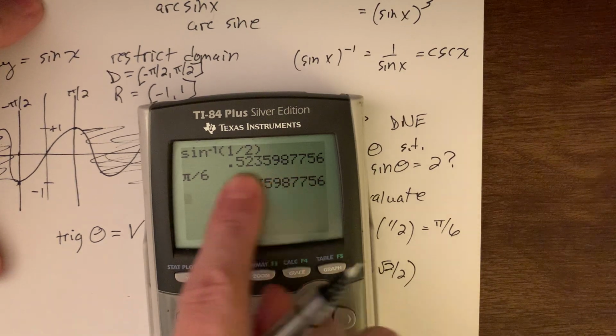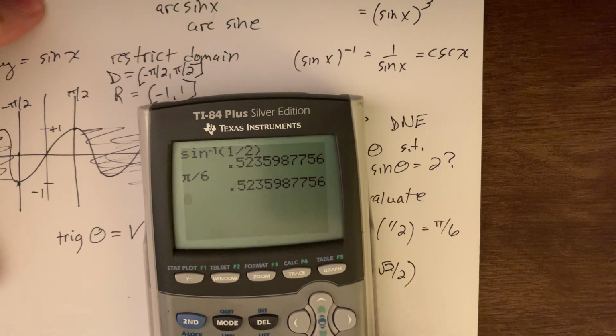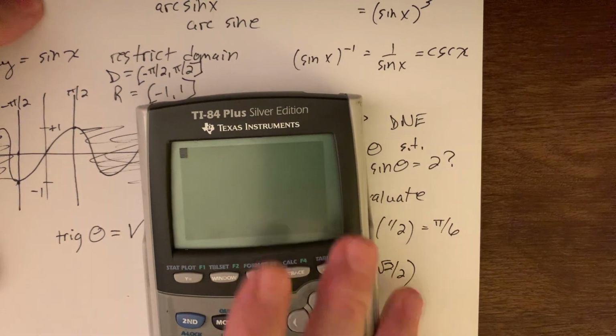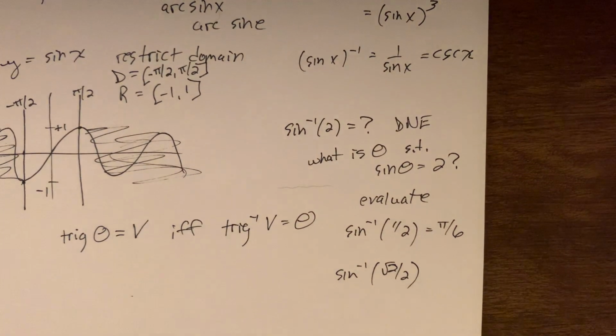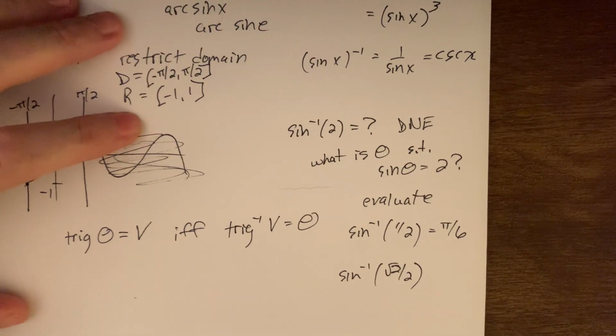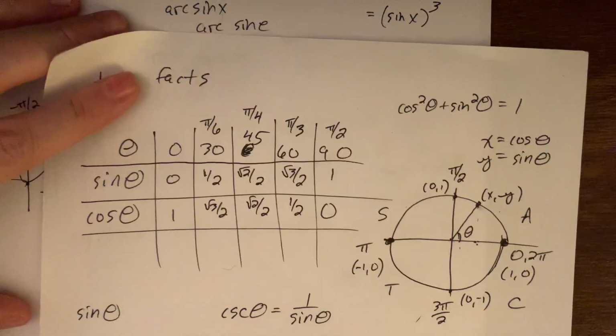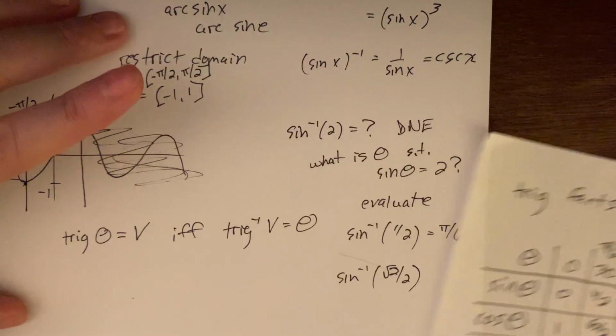Very few of us would look at that and go, oh, that's pi over 6. Yeah, that's quite a stretch. So calculators don't help us too much here unless we do some conversions on our own. And again, these are things we should know. Just as easily, so inverse sine of rad 2 over 2, well, that takes me to pi over 4.